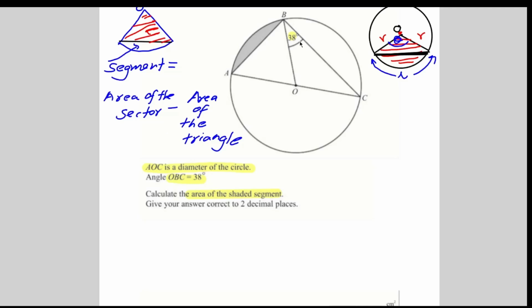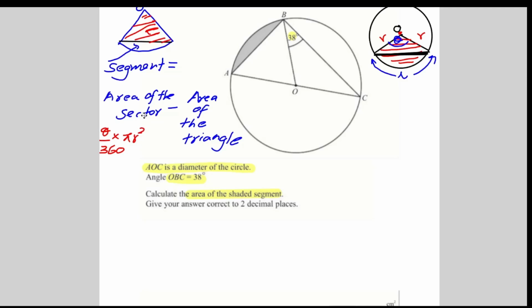To get the area of the sector, we know that the formula is theta over 360 pi r squared. Since this part is part of a circle, the area of a circle is pi r squared.